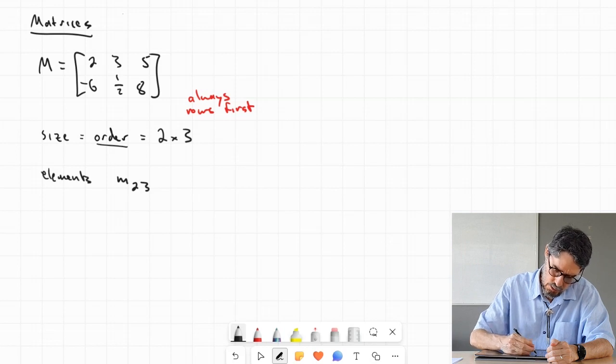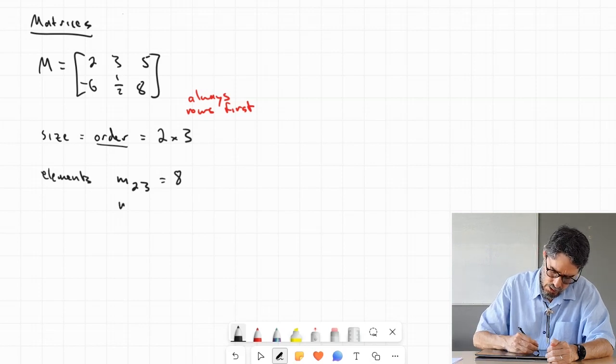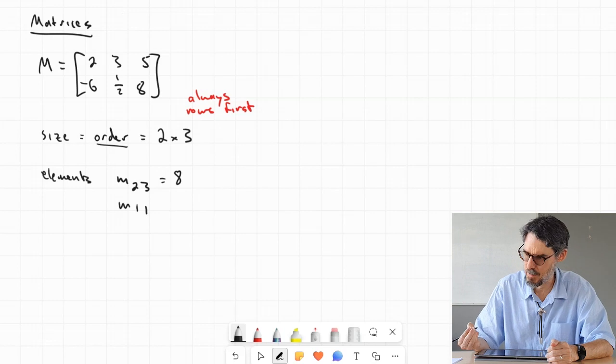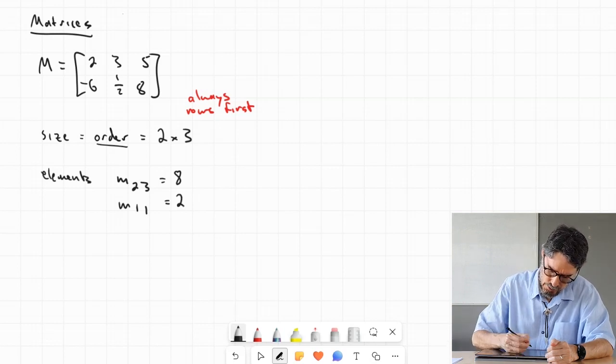Row 2, column 3 is 8. Or you might go m, let me go 1, 1. Well, in this case it doesn't matter which order, right? Row 1, column 1 is element 2.